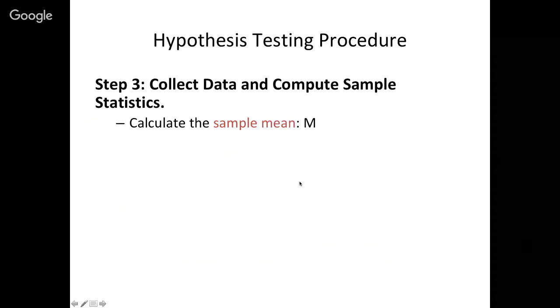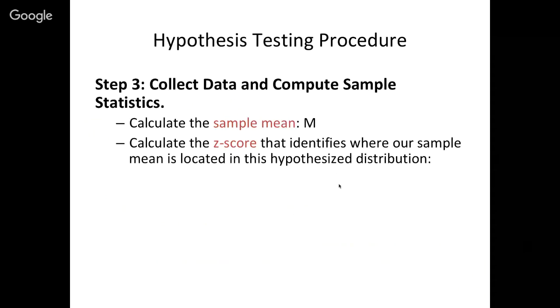And after we determine the critical regions, then we can work on the sample, right? The sample means the data we get. So we can calculate the sample mean, which is the M, and then we calculate the z-score, right?